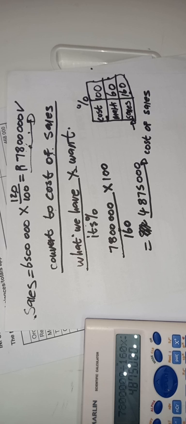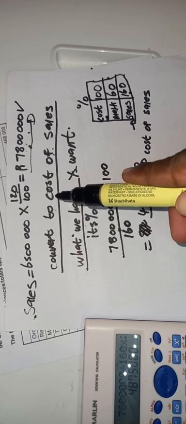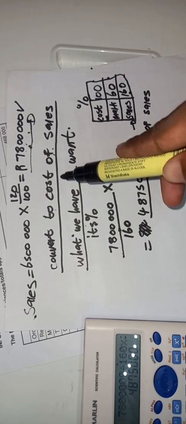They do not give you purchases in budgeting. They give you cost of sales. The other name for cost of sales is purchases. If they did not give you that cost of sales, you have to go into sales and convert that sales into cost of sales. This is the way that we use to convert that sales into cost of sales.